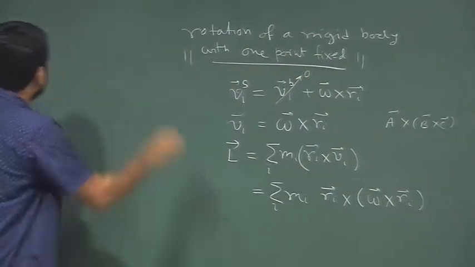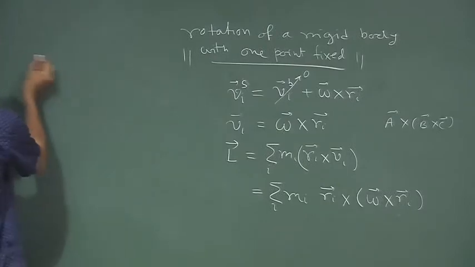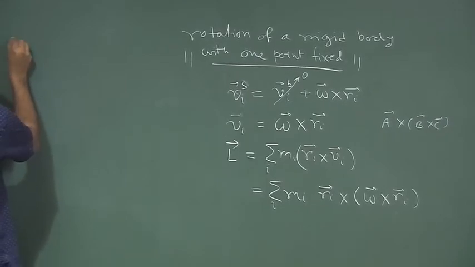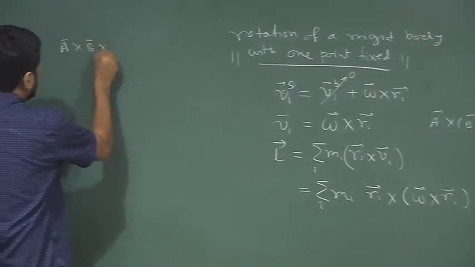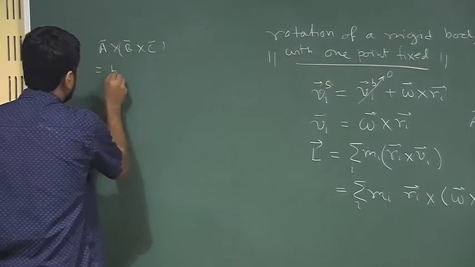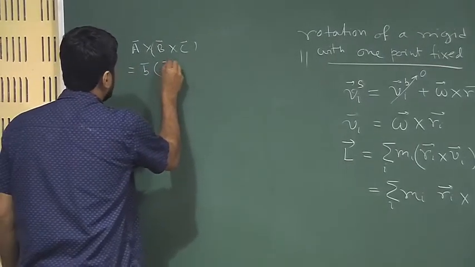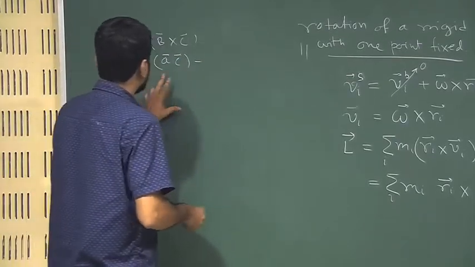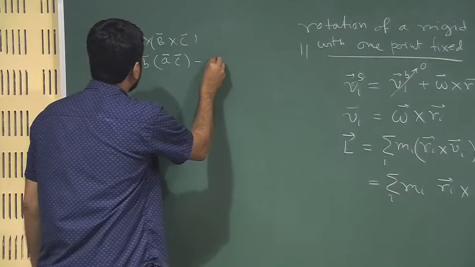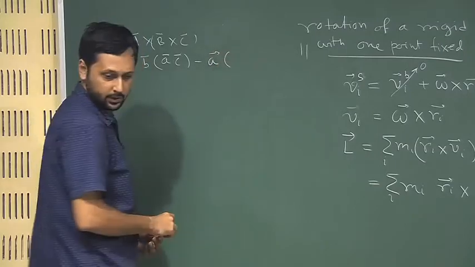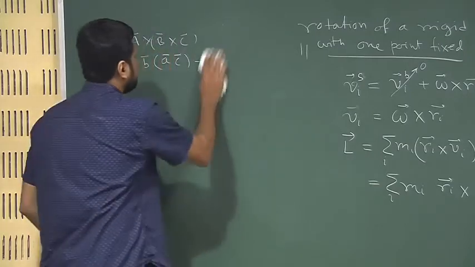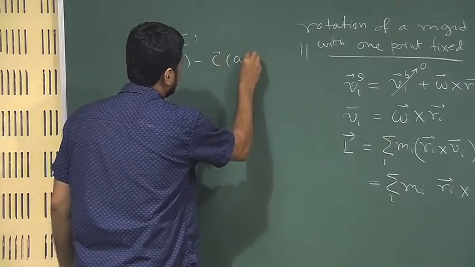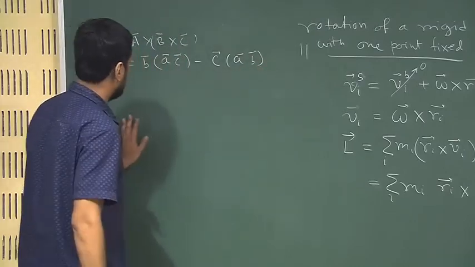If we write this, A cross B cross C is equal to B times A dot C minus C times A dot B. So, that is an identity we all remember.